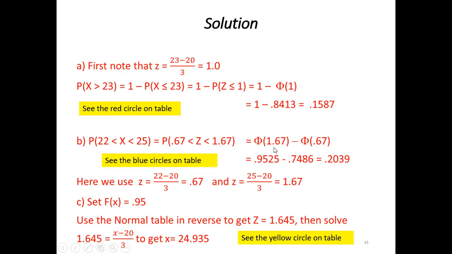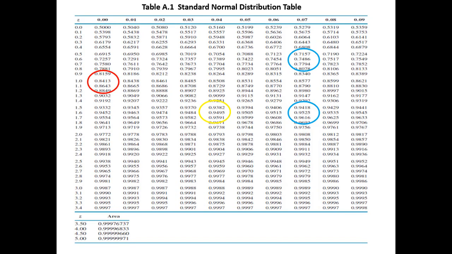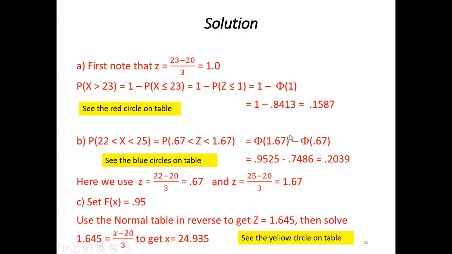So let's look up 1.67. First of all, that's a positive z value, so I'll be on this one. Here's my 1.6, and then I move over until I see a column labeled 0.07. So you can see 1.67 has a probability of 0.9525. Okay, so that's where we get this number.